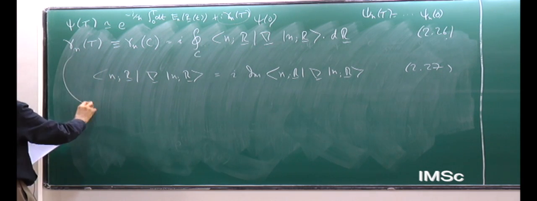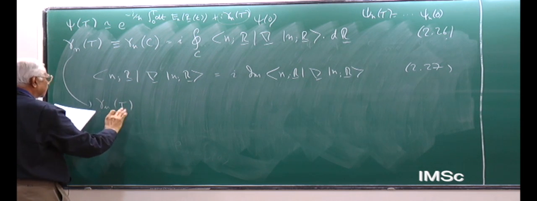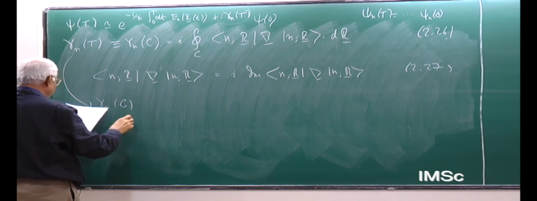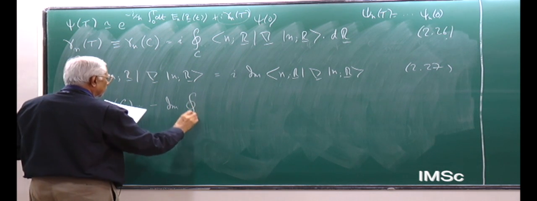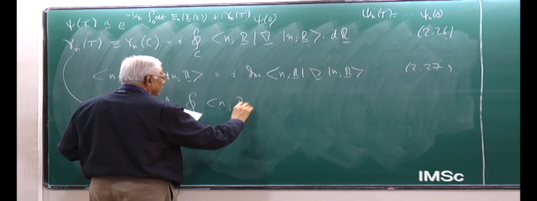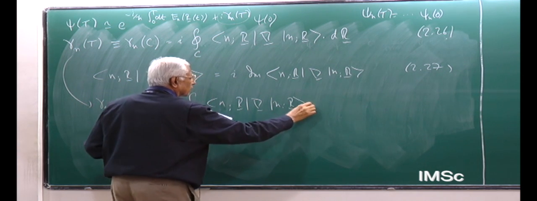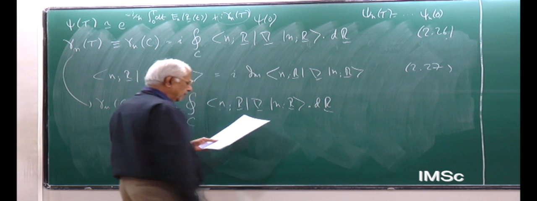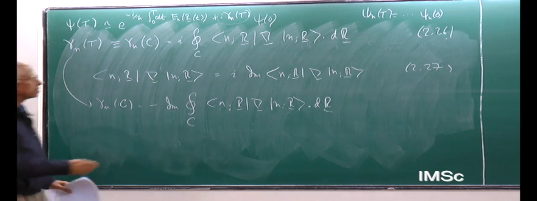So then you get gamma n of C equals minus the imaginary part of the loop integral. It is a closed loop integral in this parameter space which is multidimensional. Okay, so this is 228.